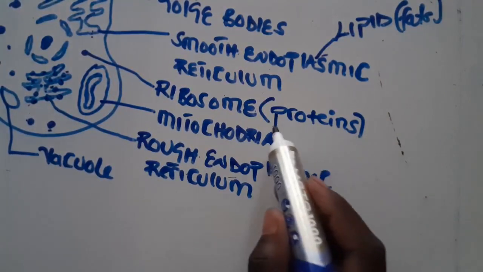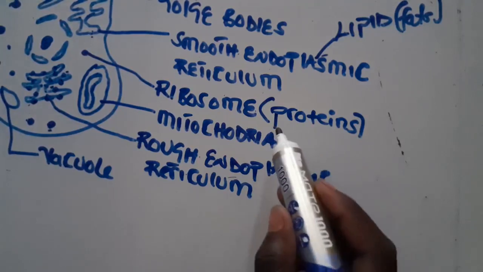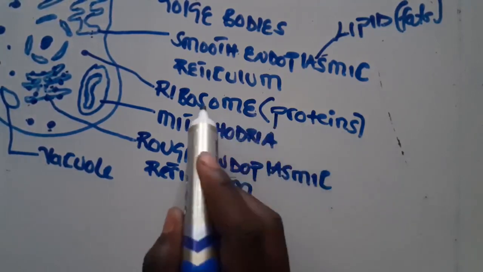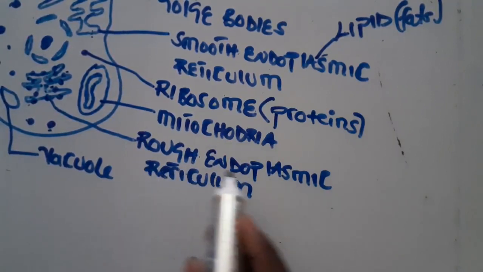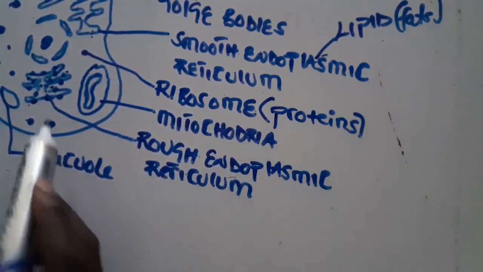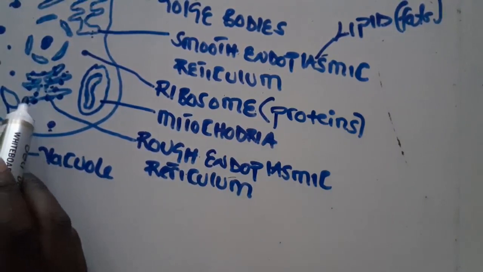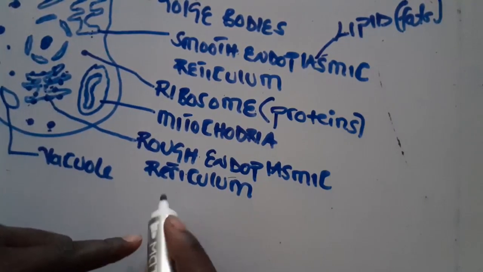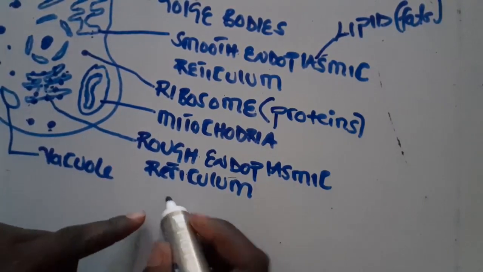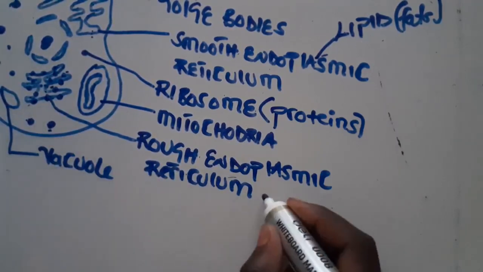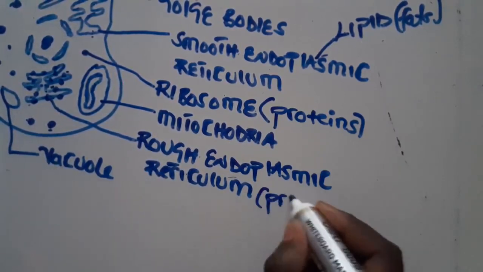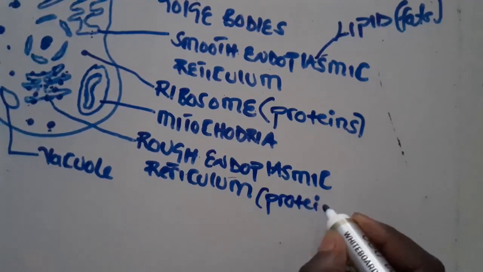So the synthesis of proteins is done by ribosomes, and because the rough endoplasmic reticulum contains the ribosomes, it also produces proteins.